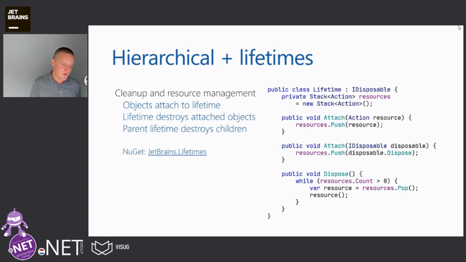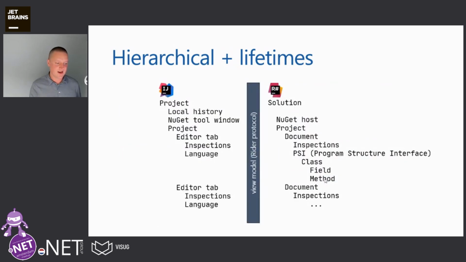So we decided to work with lifetimes, and lifetimes are an object that you can bind to. So if you have a disposable, instead of putting a using statement around it, what we do is we attach it to a lifetime as a disposable, and when that lifetime is disposed, we dispose all of the child objects there. Visual, you could think of it like this. If you have a solution that is open, the NuGet host in there attaches to the solution lifetime.